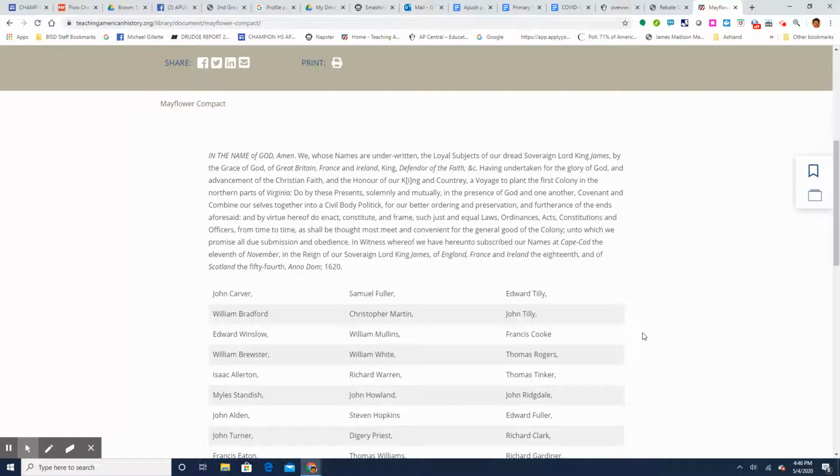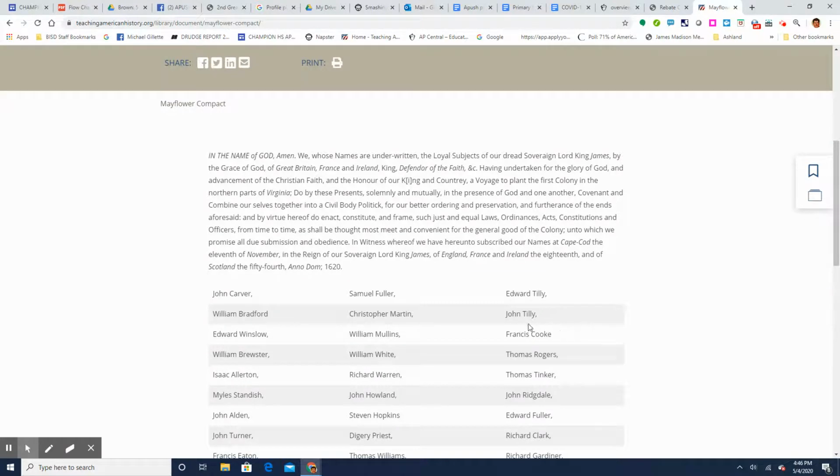In witness whereof, we have hereunto subscribed our names at Cape Cod, the 11th of November, in the reign of our sovereign Lord King James of England, France, and Ireland the 18th, and of Scotland the 54th, Anno Domini 1620. Signed, the names of the male passengers on board the Mayflower.